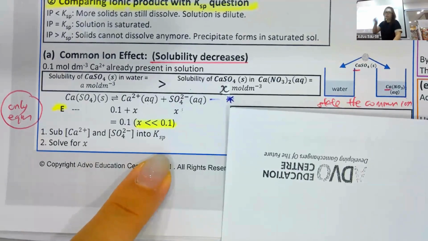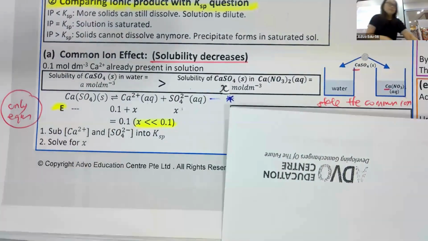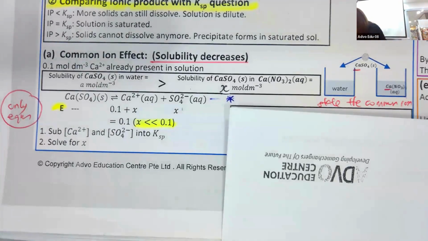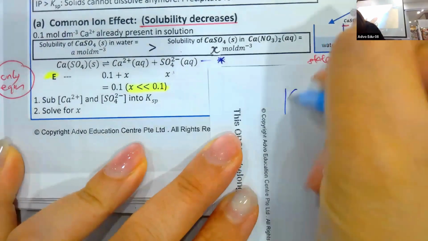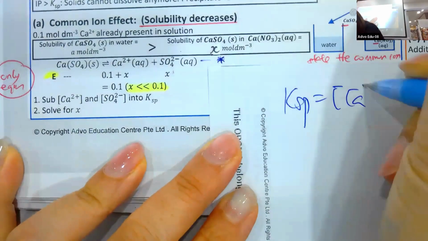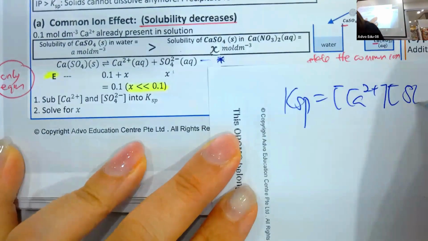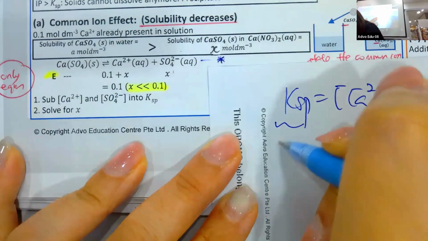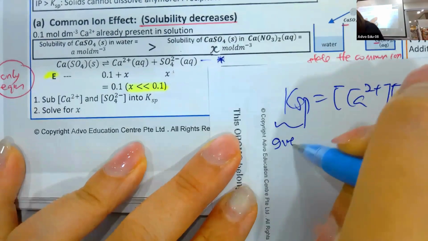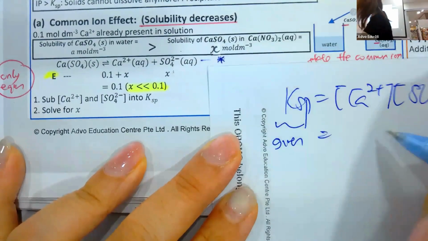You understand? So, my Ksp, right? My Ksp equals to [Ca2+][SO4 2-]. This is given. So this is 0.1, then you x. Then you solve for x.